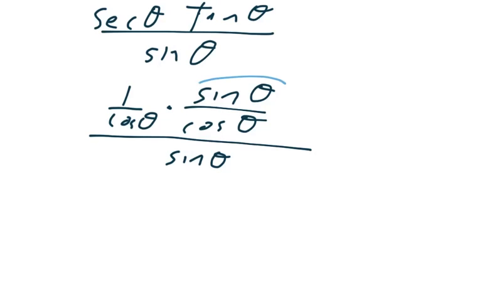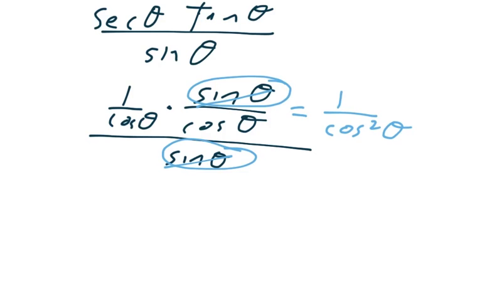So since this sine is in the numerator and this sine is in the denominator, they can both be canceled out, and so I'm left with 1 over cosine squared theta, because cosine times cosine is cosine squared theta, which simplifies to be secant squared theta.